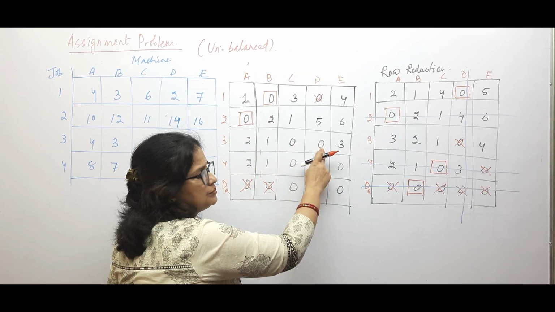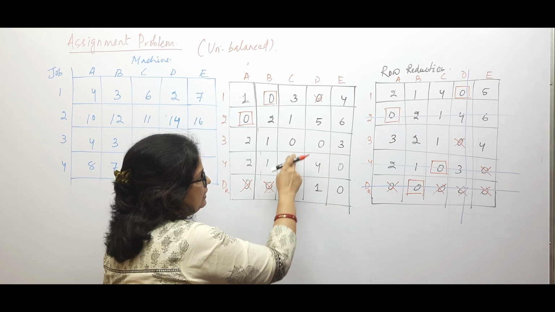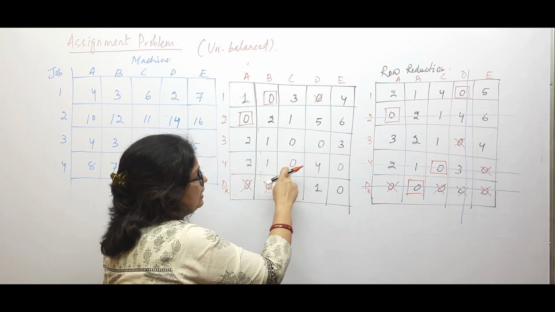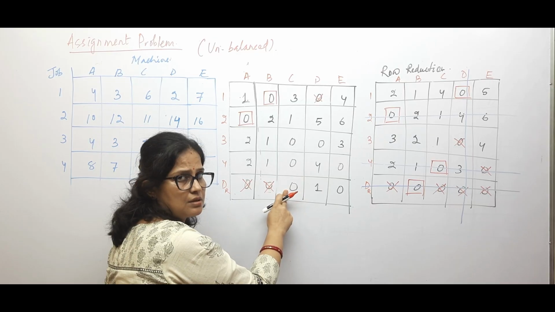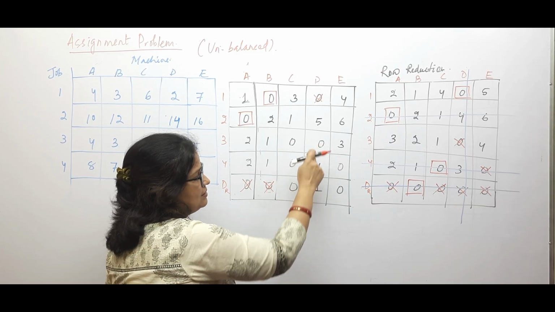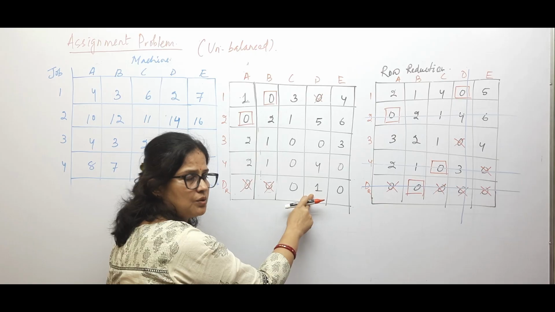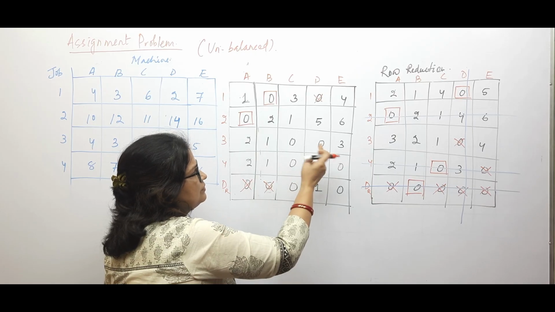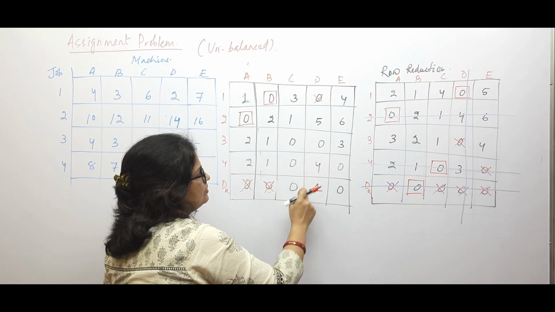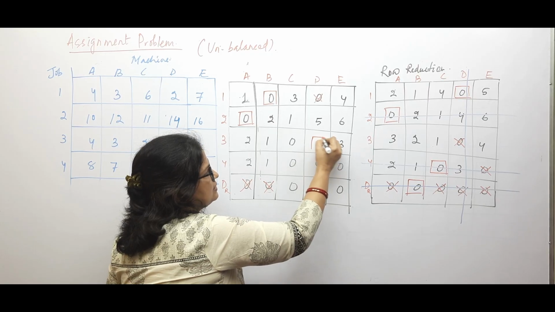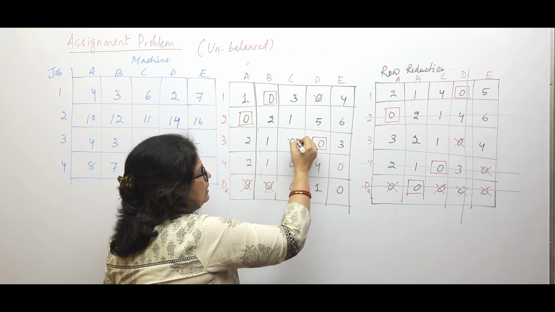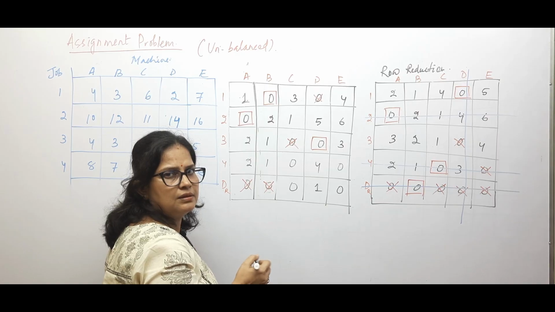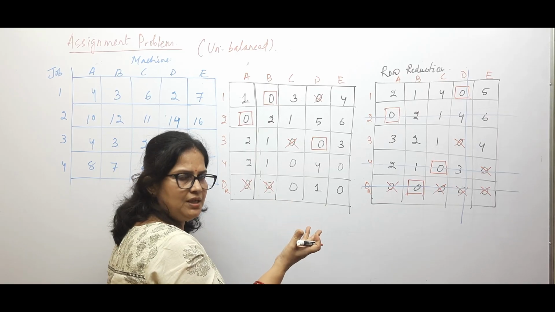Here 2, 0. If I assign this one, then I need to cross this one. If I assign this, there will be no cross. So let me assign this one so that maximum chances will be there.